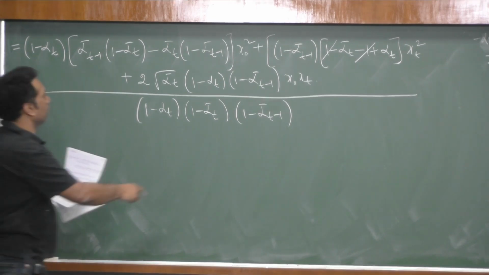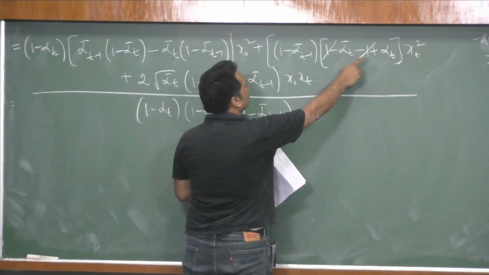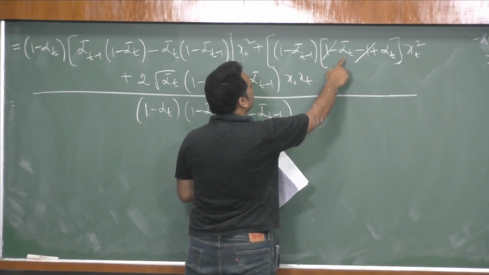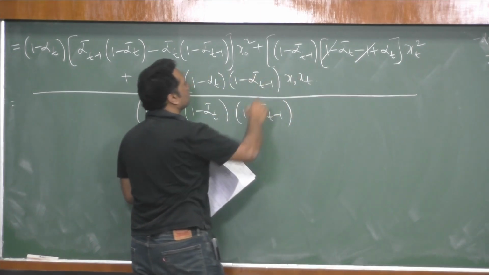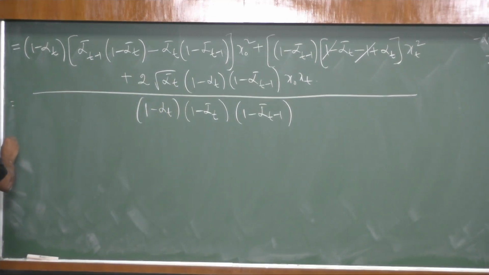So here you can take alpha t common, and this is a product, right? So you take alpha t common, then you will have 1 minus alpha bar t minus 1 coming out from here after taking alpha t common, and that makes it a square here. So let us do this as a next step, and everything else remains the same.